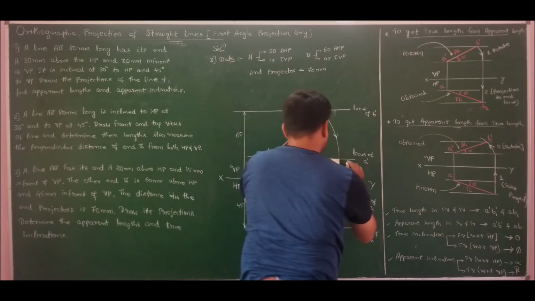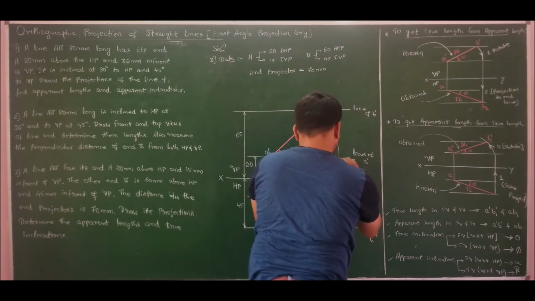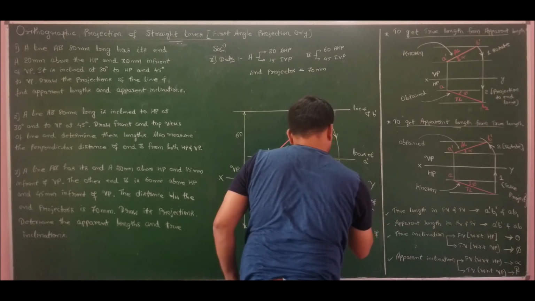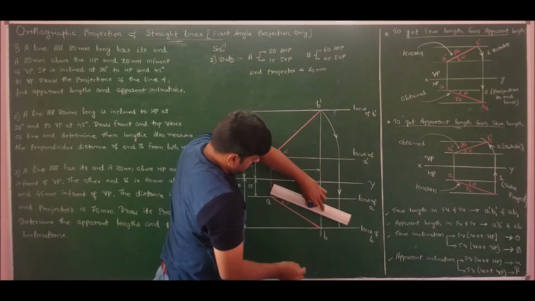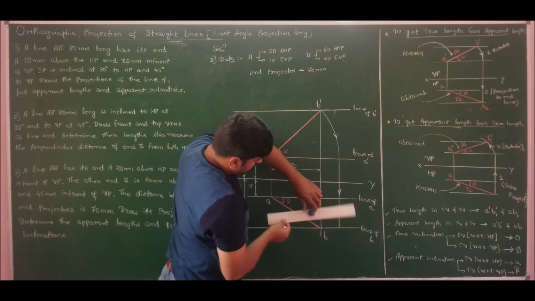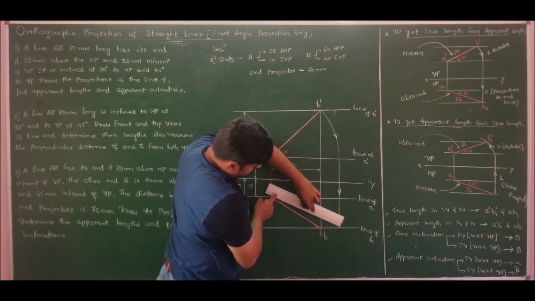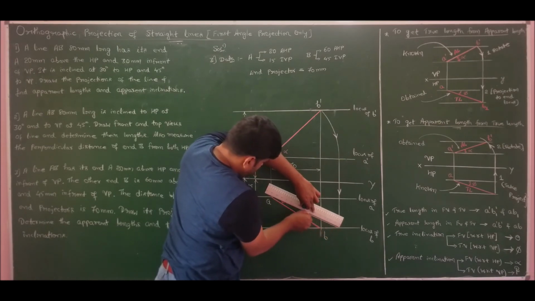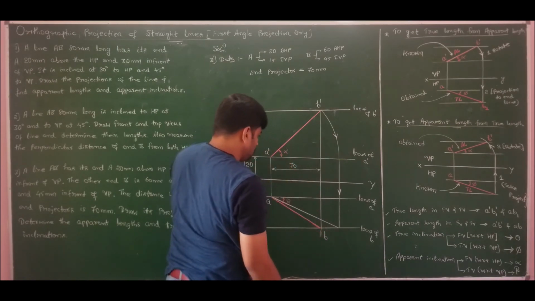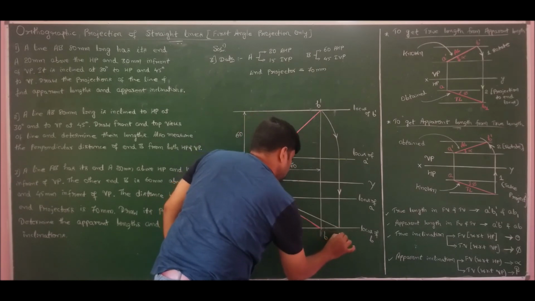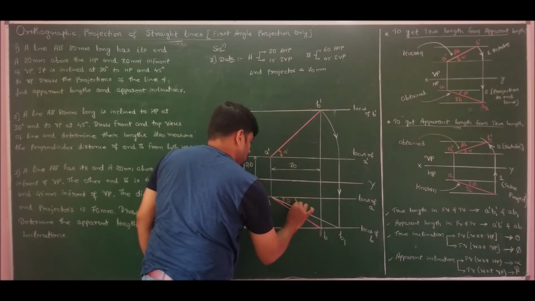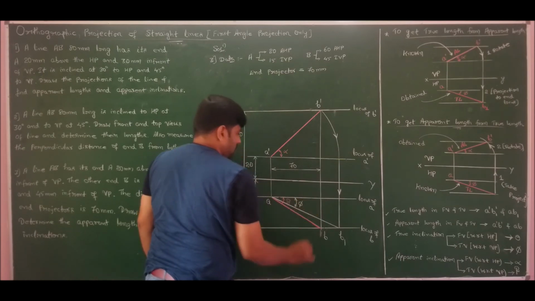Now I will drop the vertical projection. So this will give us the true length of this line, which is nothing but A B1, and this angle will be phi.